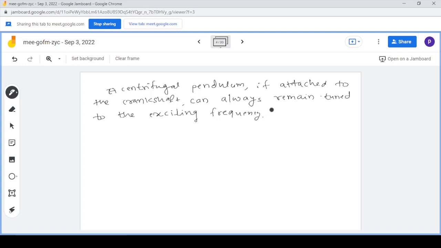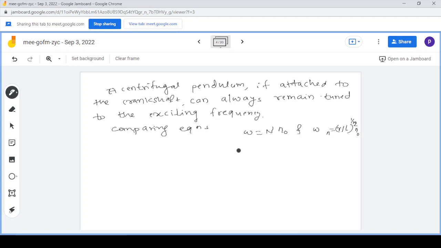So we can write down the equations. So comparing equations, omega equals n into n0 and omega n equals r by l raised to half into n0.